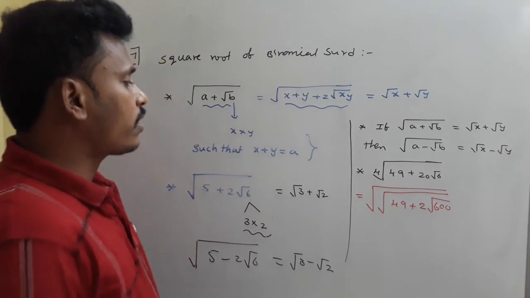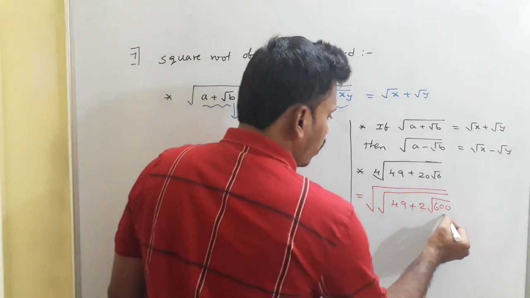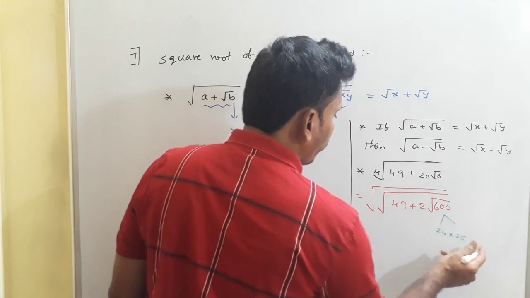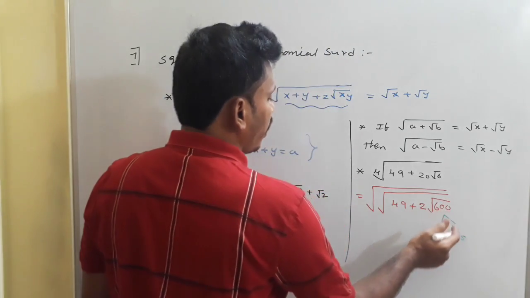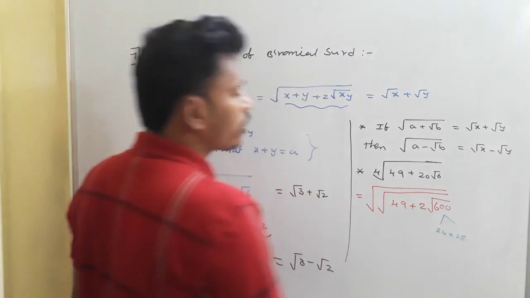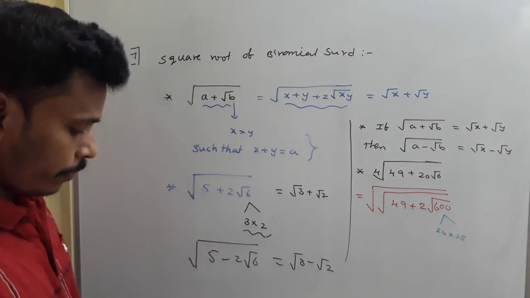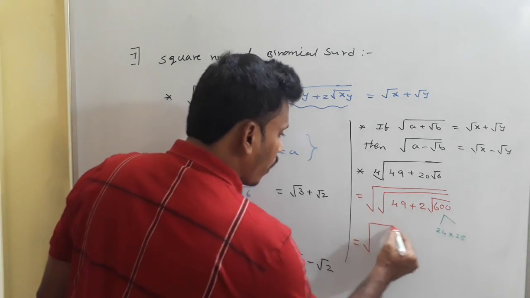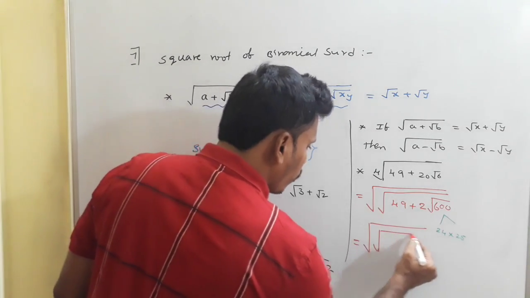After this step, we need to identify two numbers. 600 can be expressed as 24 into 25, whose product is 600, as well as the sum of these two numbers is 49. There are two square roots, one square root and the other square root.